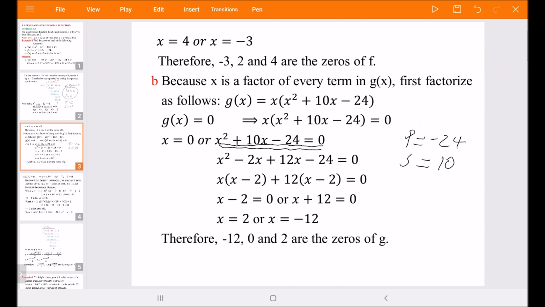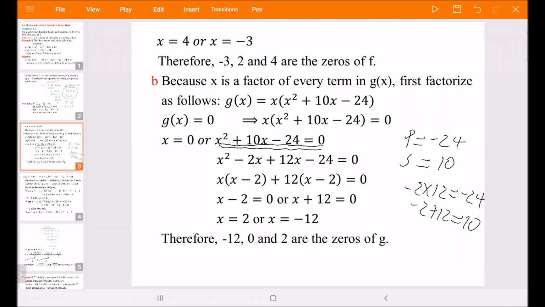Who can tell me these two integers? Oh, here I write, therefore no need of waiting for your answers. Negative 2 times 12 is equal to negative 24, and negative 2 plus 12 is equal to 10.